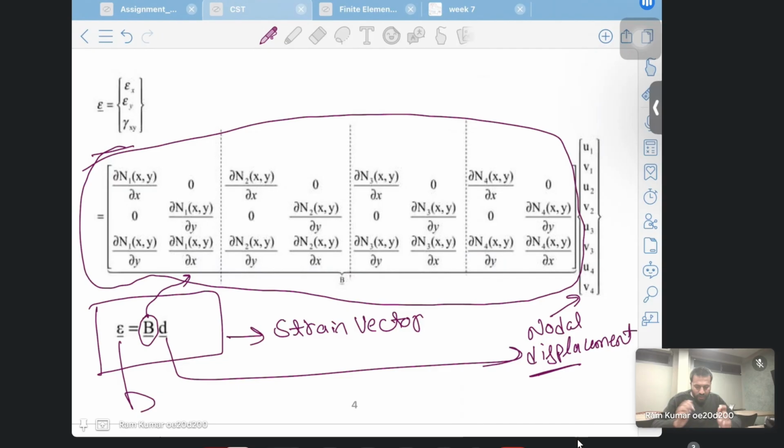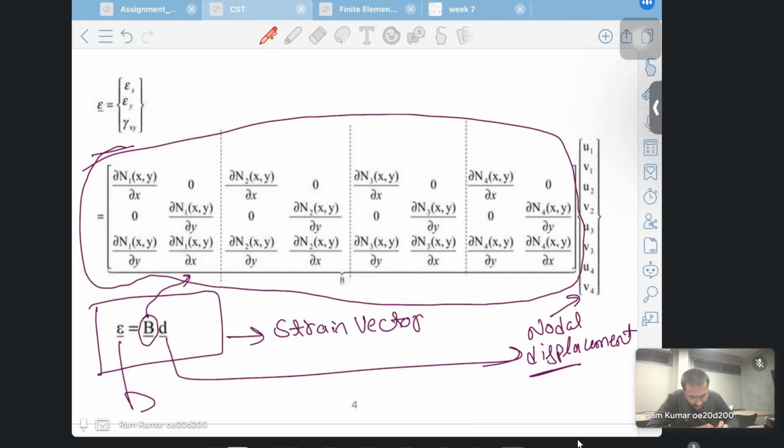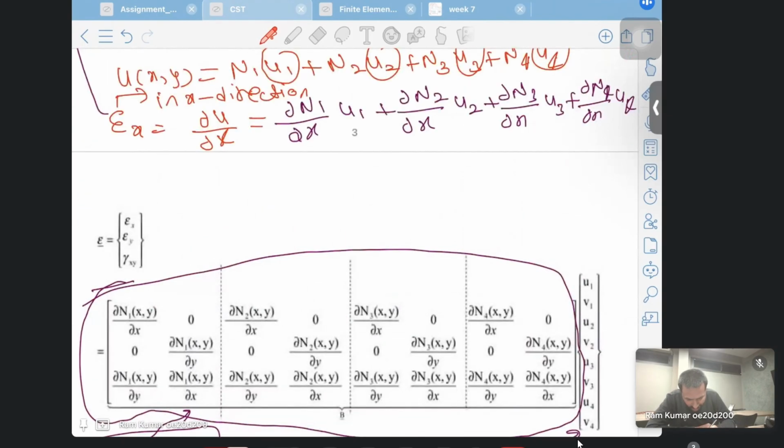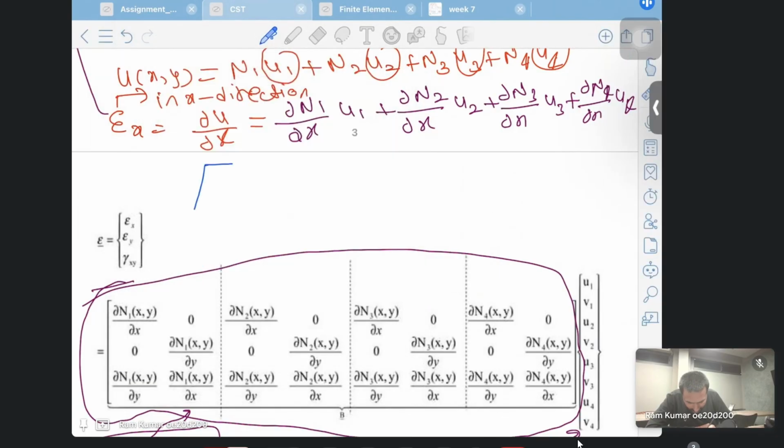Till now, if I write in short form, for any element, node 1, node 2, node 3, what will be the displacement? So u equal to N d.